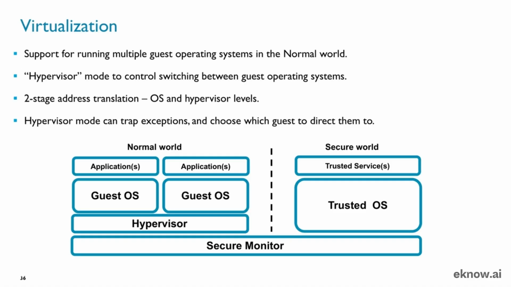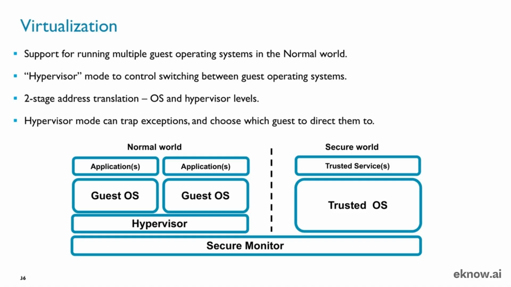To make this happen efficiently, ARM introduced a new processor mode called hypervisor mode. The hypervisor is a special, highly privileged program that acts as a manager or a host for the guest operating systems.